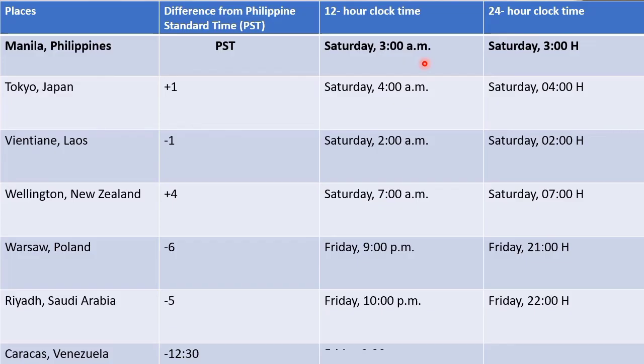So, ang time kay Caracas, Venezuela ay Friday, 2:30 p.m. And the equivalent of Friday, 2:30 p.m. in 24-hour clock time is, so we will just add 12 kay 2:30. So, Friday, 14:30 hours.